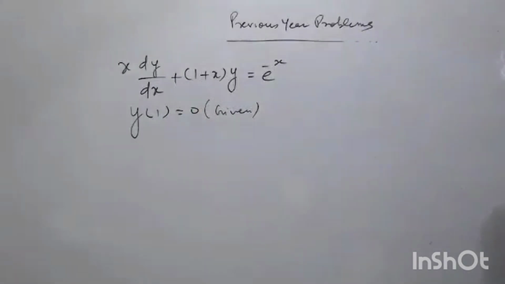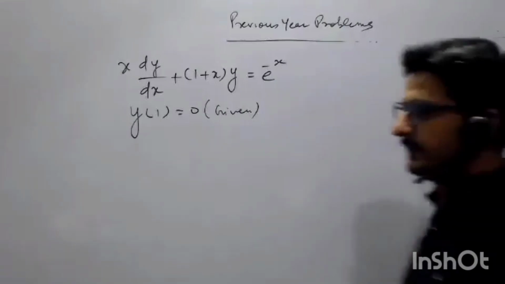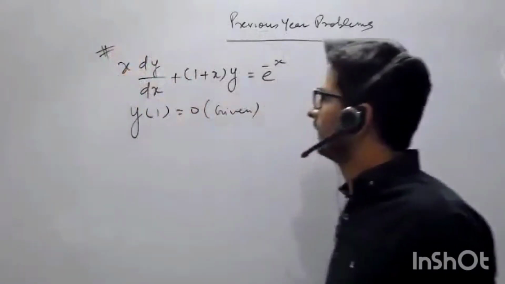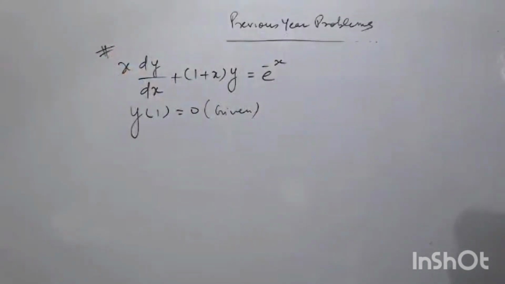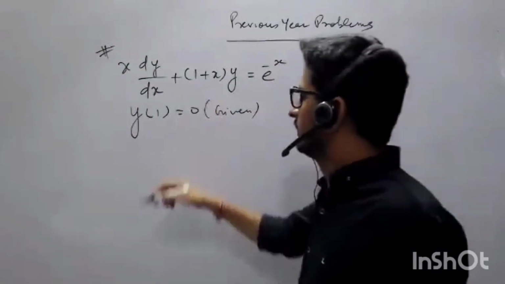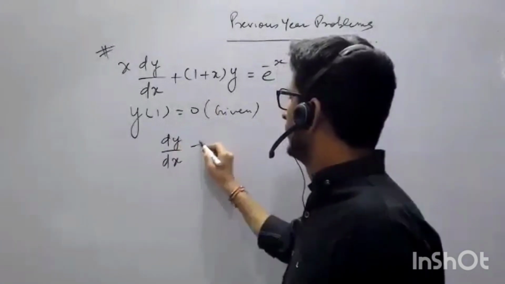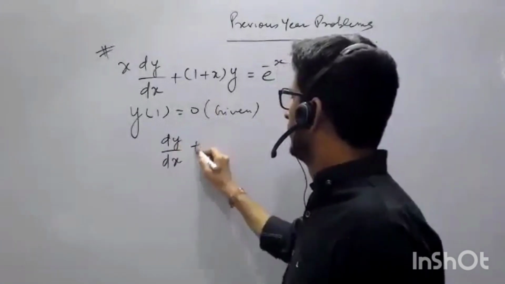How to solve this? This is also a previous year question. This is a linear equation. Dy by dx plus (1 plus 1 by x) y is equal to e to the power minus x by x.